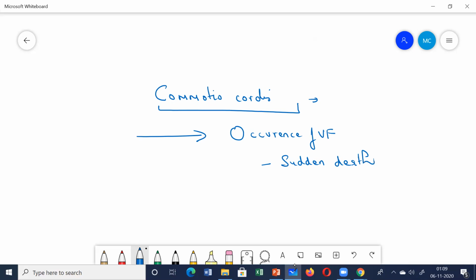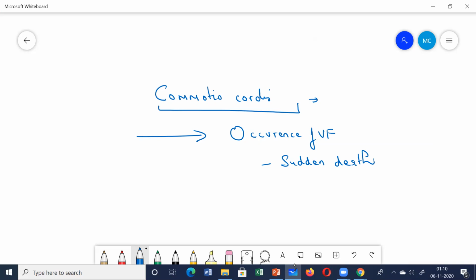Afterwards you find that nothing has happened: the ribs are intact, the sternum is fine, there is no other damage to the heart. But because of this blunt trauma to the chest, ventricular fibrillation has occurred and there has been sudden death. This is the meaning of the word Commotio Cordis.